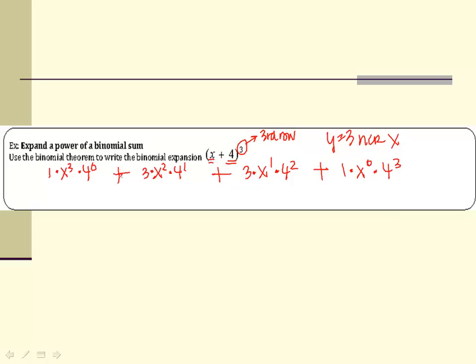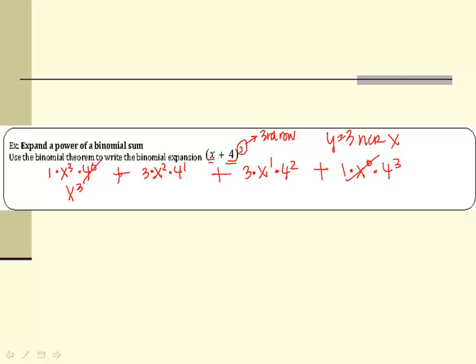Okay, once you do that, it is all down to simplification. So here's how it works. Anything to the 0 power is 1, so I'm going to cancel those off because I really just don't even want to look at them and make it confusing. Second step: 1 times x cubed is x cubed. 3 times 4 to the first.